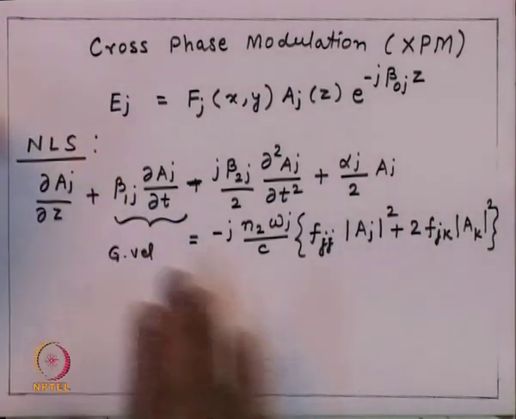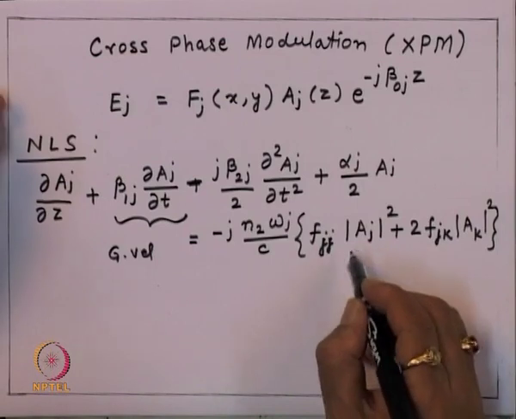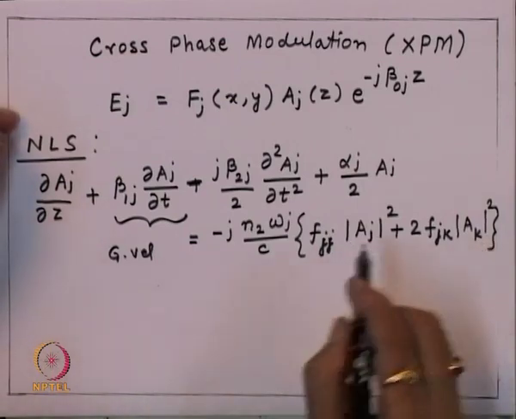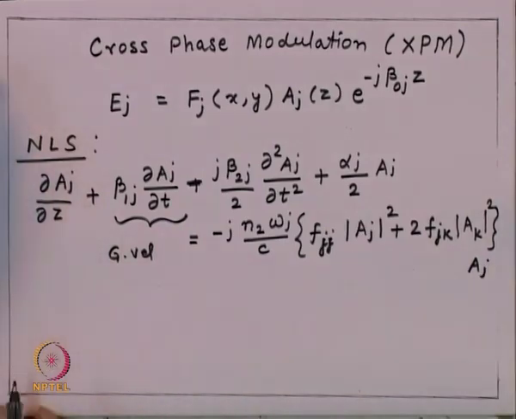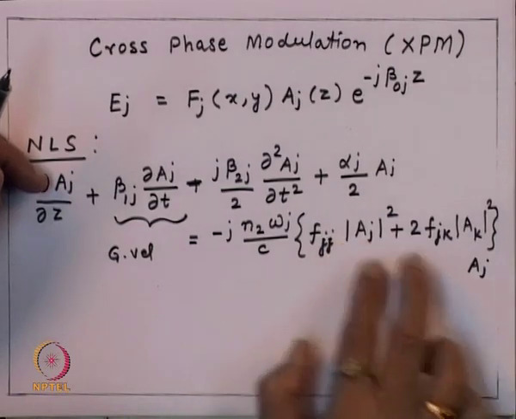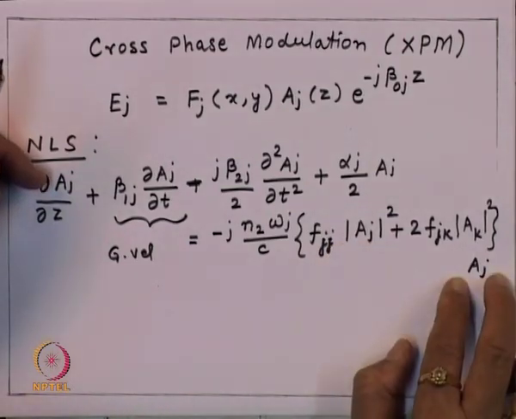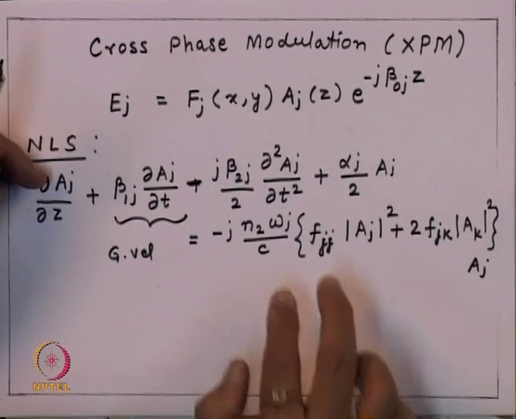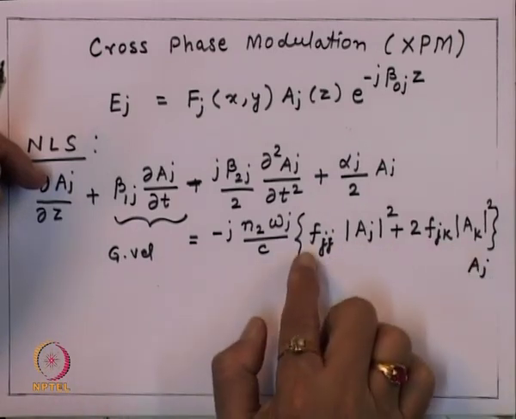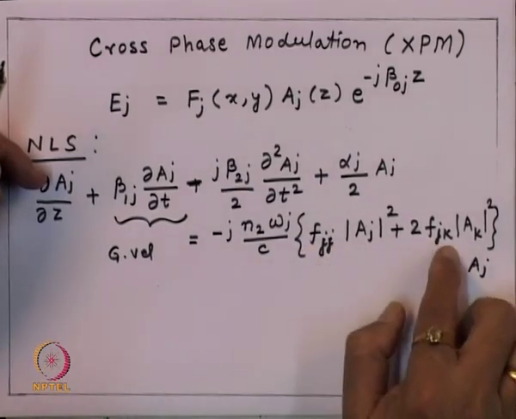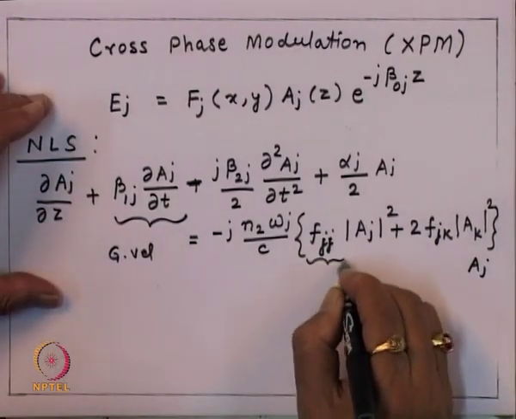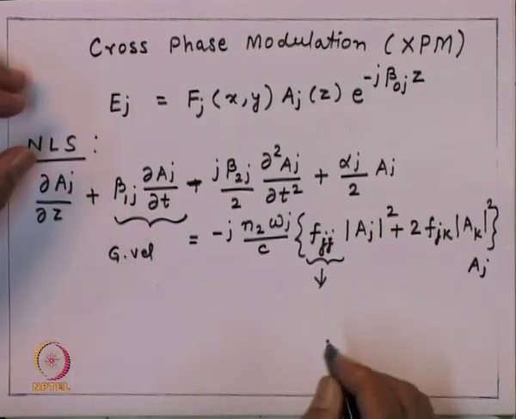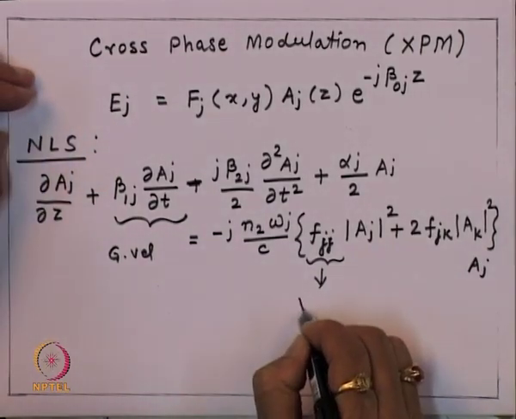And if you recall, earlier we used to have a term which is simply mod A square times A_j. So, there has to be A_j here. So, it used to have a term which is simply mod A_j square multiplied by A_j. However, now what we are seeing is we are having an additional factor here which is this f_jj or f_jk, and this quantity is what is called the overlap integral.